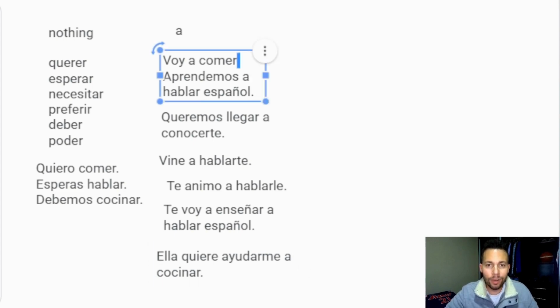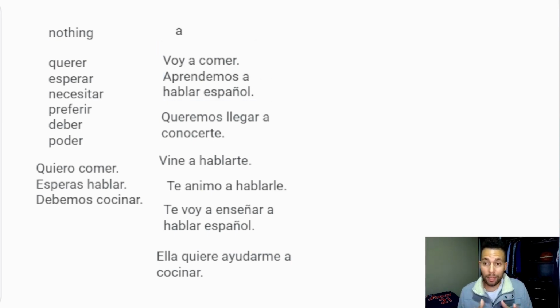So, what's going on here? Well, voy a comer. Comer is an infinitive verb, and we're attaching it to another verb, voy. Aprendemos a hablar español. Hablar is an infinitive verb, and we're attaching it to another verb, aprendemos. Queremos llegar a conocerte. Well, there we have conocer.